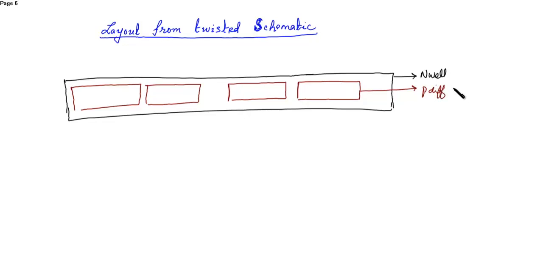Okay, then the N diffusion layer. First make the layout in your rough note so as to understand why this gap is given. So now this is the N diffusion layer.